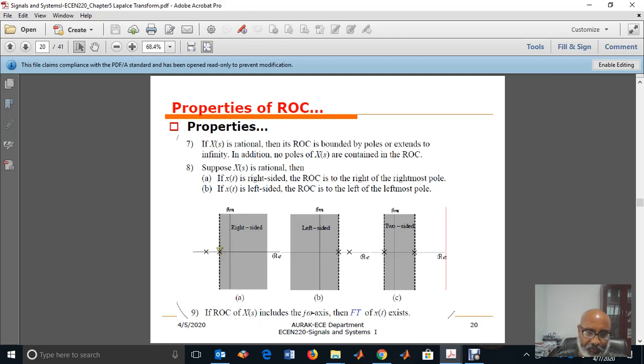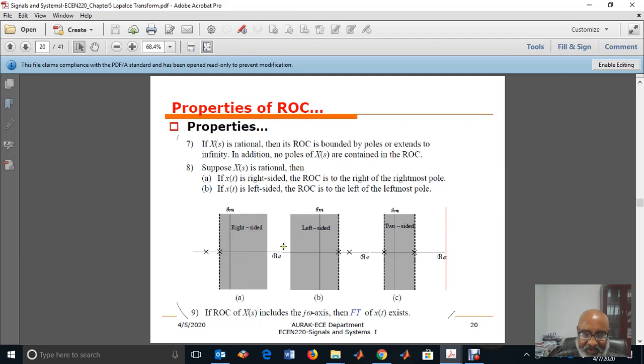So the value of the pole at this one is greater than the value of the pole at this one. Therefore, the region of convergence will be to the right of the rightmost pole. So always it will be to the right of the rightmost pole for the right-sided signal.